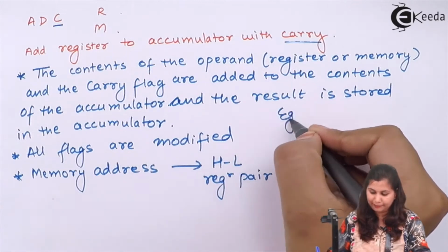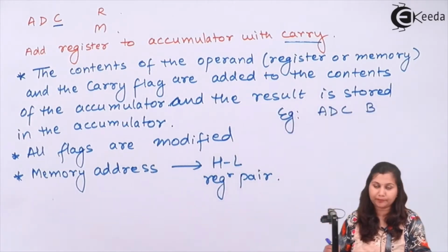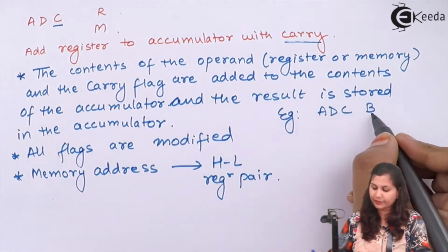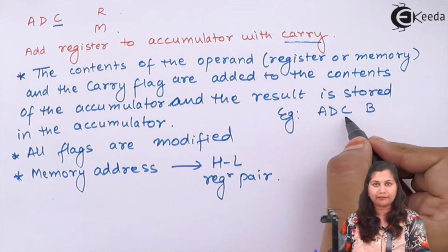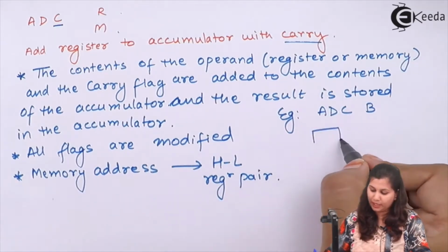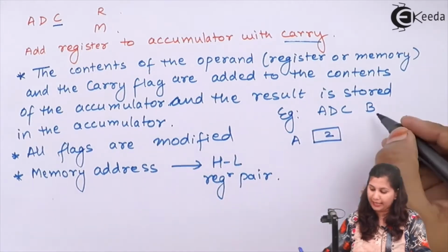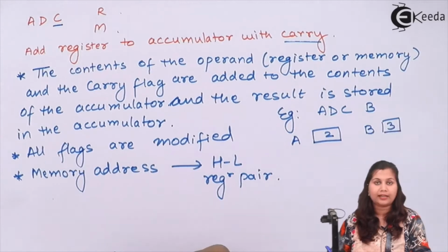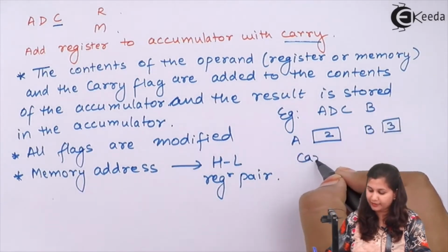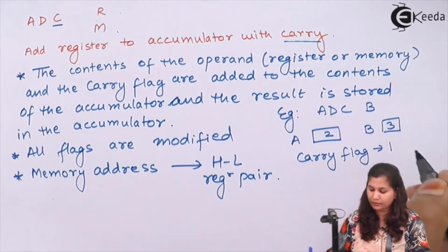Let's take an example. Suppose we have ADC B, that is adding the register B with the accumulator and the carry flag also. Suppose in accumulator we have the number 2 and in the B register we have the number 3, and suppose carry flag is set to 1.